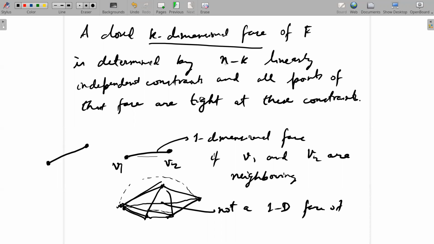So here, in fact, is this an n? Let's see. Yeah, this is an n, that's fine.